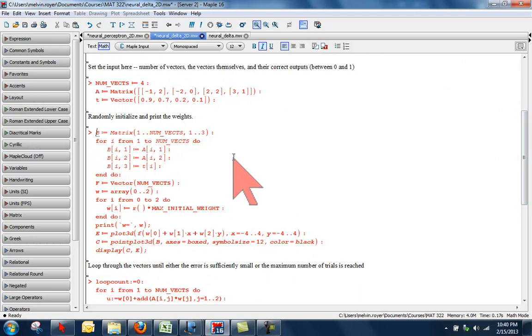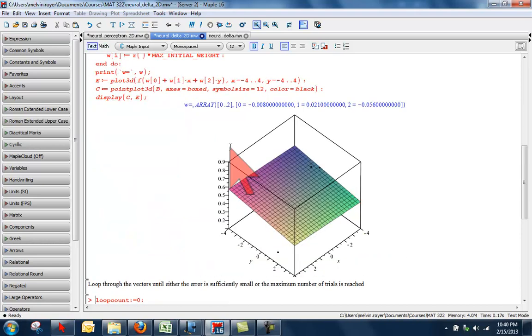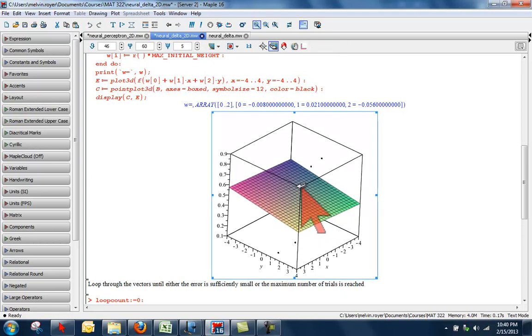And the next block of code is going to initialize the weights and then draw an interesting plot. So this is a 3-dimensional plot. Notice that we have scales here of x, which is x1.